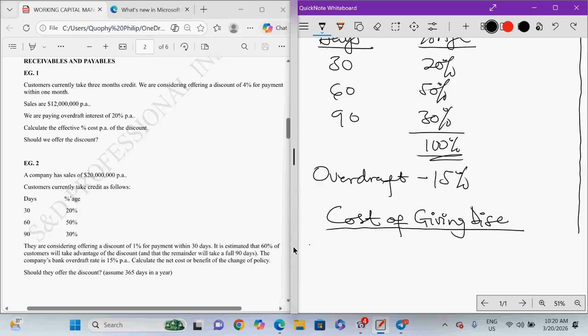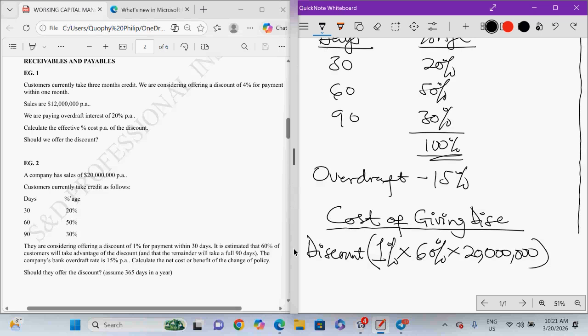The discount we were told is 1%, but this 1% is taken by 60% of the customers, and this is 60% of the sales figure, which is 20 million.